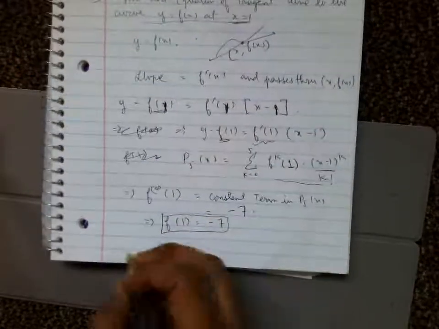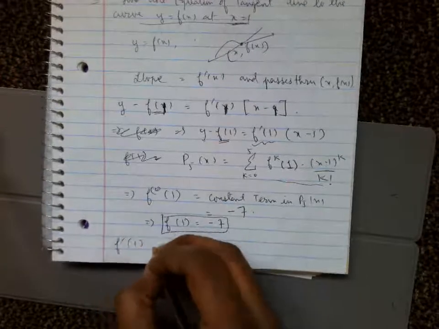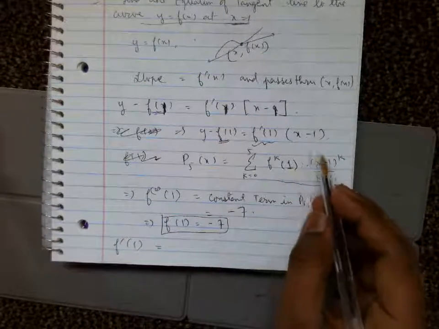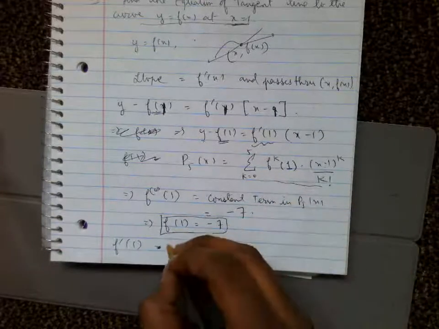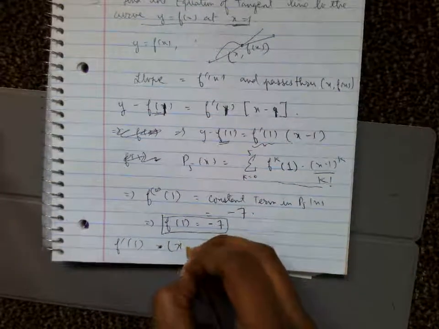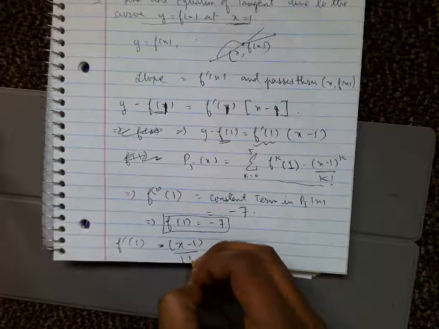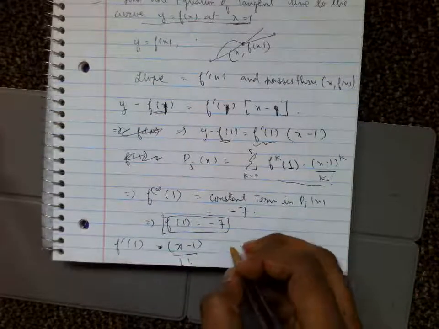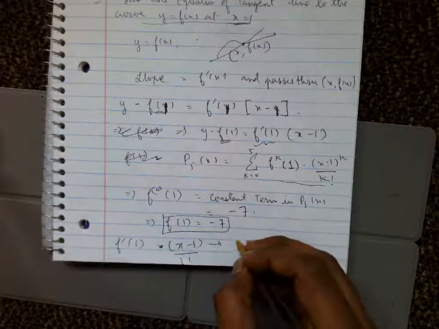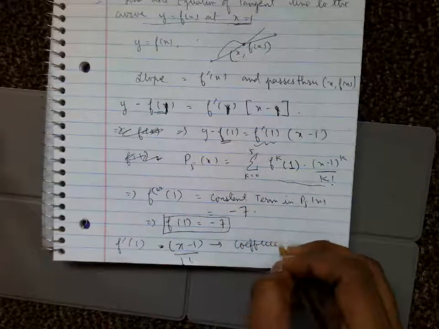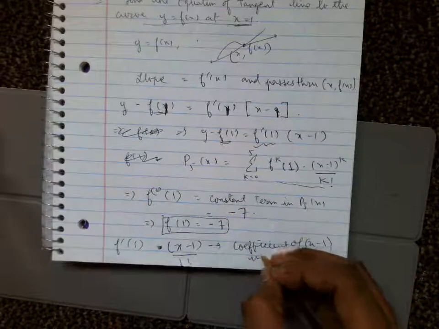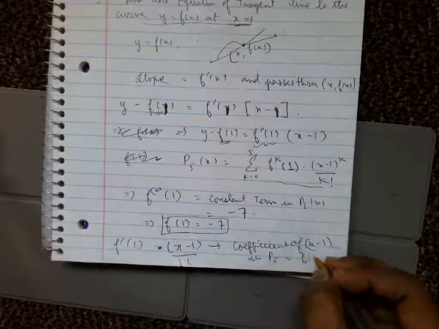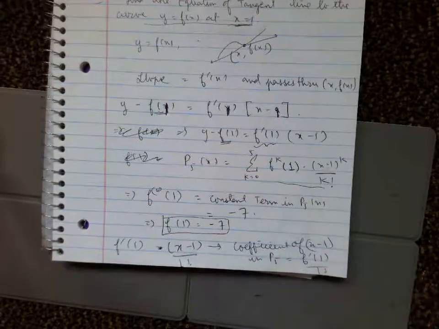All right. Now for f prime of 1, you can see that the term is f prime of 1 times x minus 1 by 1 factorial. So that means the coefficient of x minus 1 in P5 is f prime of 1 by 1 factorial.